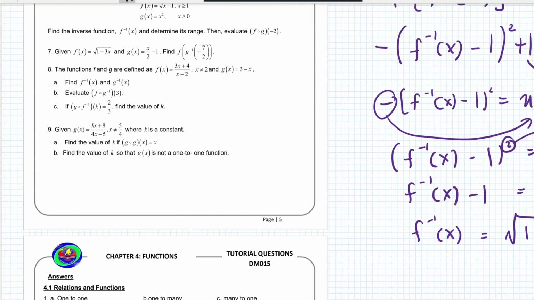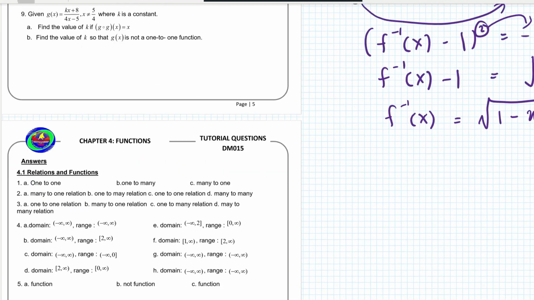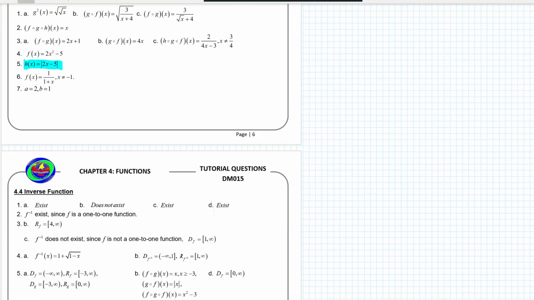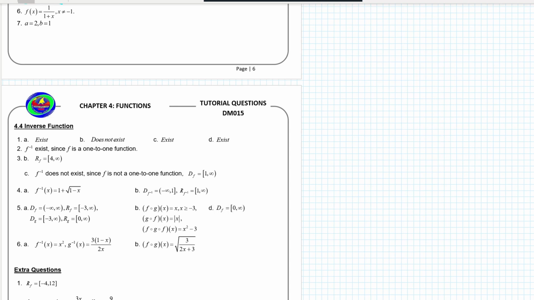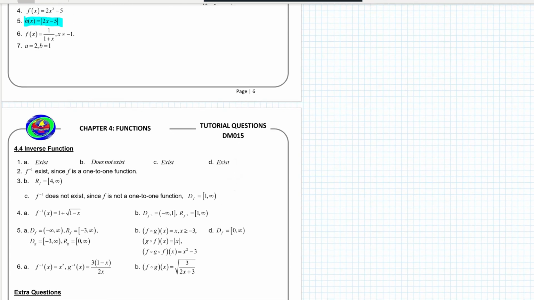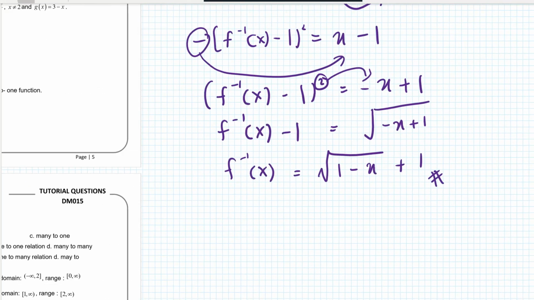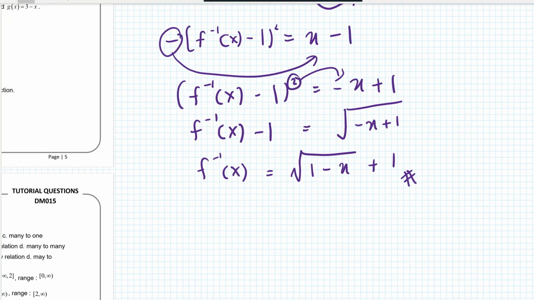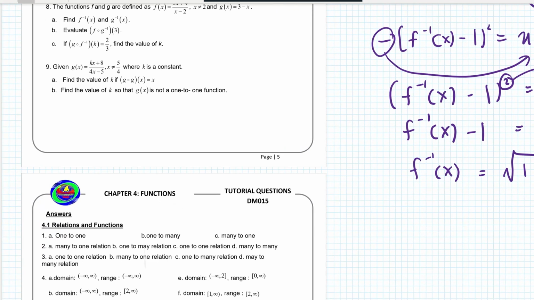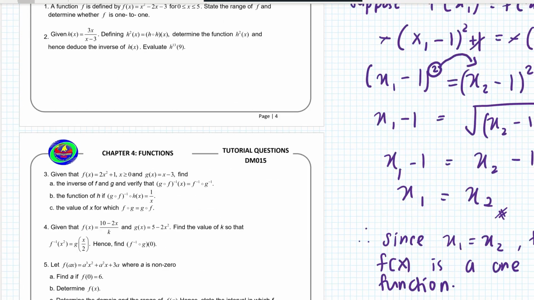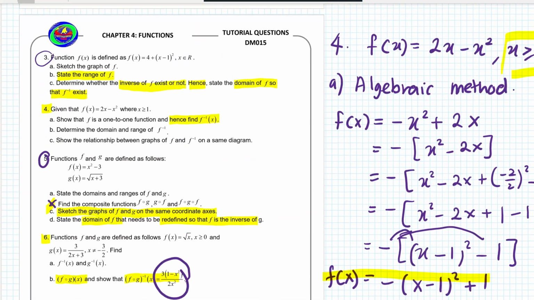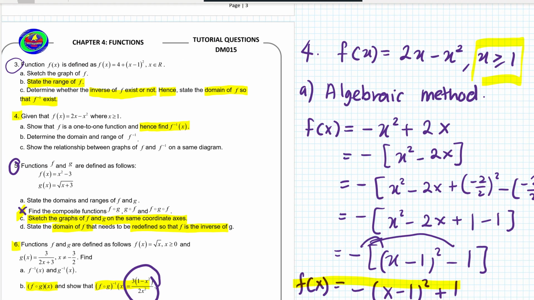So we can check the answer. Number 4, 1 plus the square root of 1 minus x. Okay, so the answer is correct. Now we go to the next question. Determine the domain and range of f inverse.